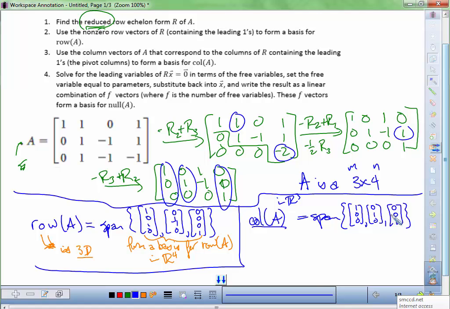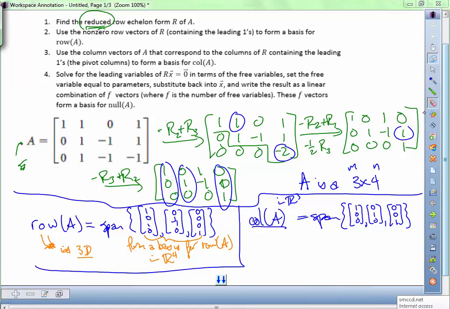It doesn't change the row space, so you can pick the row space out of either one. But since it changes the column space, you can't take the column space out of R. Right, yeah, I see what you're saying, so you can take it out of the original. For example, R could have a 0 row in it, but that wouldn't necessarily limit your column space. Okay, yes, thank you.